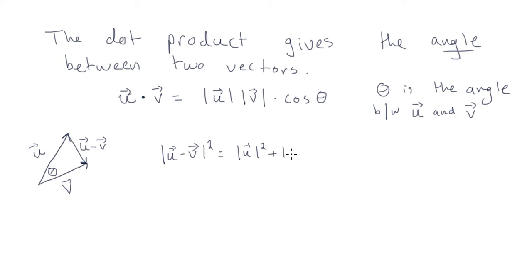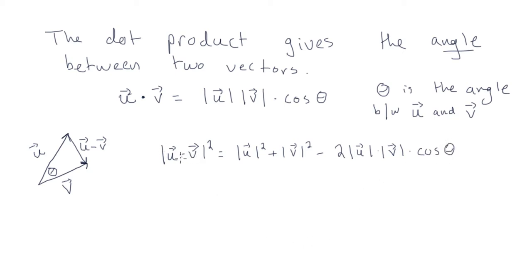In fact, if theta were 90 degrees, it would be exactly the Pythagorean theorem. But we need to subtract this correction term from the law of cosines, and it's 2 times the length of u times the length of v times cosine of theta.